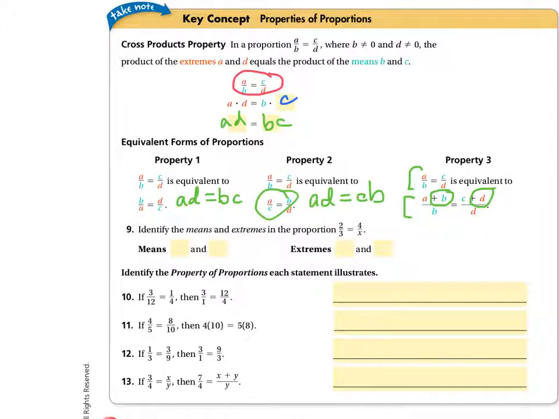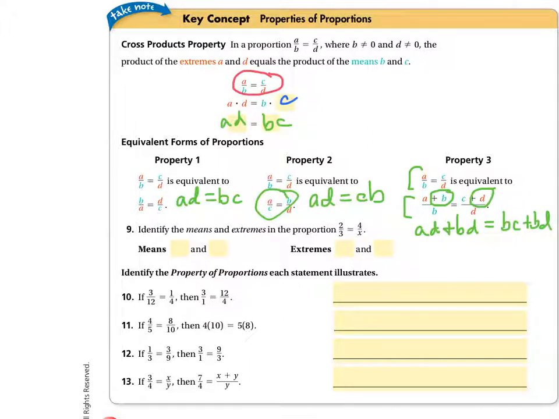Well, let's see. So we end up with, let's do cross products. So we've got D times A, which gives you AD, and D times B, which gives you plus BD, equals, and then multiply your B through B times C, which gives you BC, plus B times D, BD.